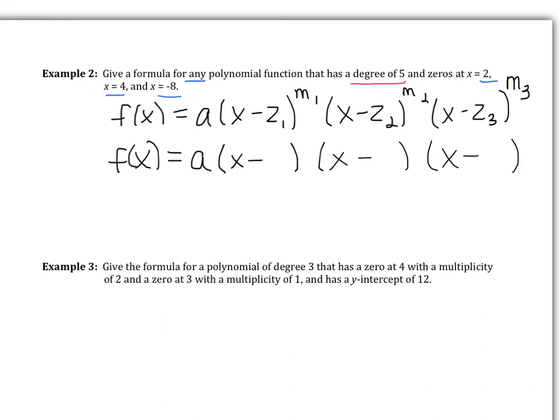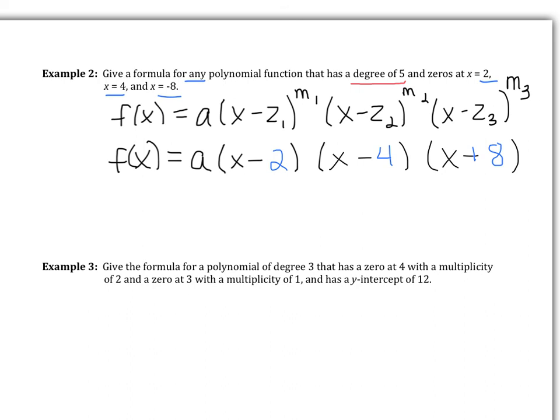My first 0 is 2, so in goes 2. My second 0 was 4, and my last 0 was negative 8, so minus a negative 8 will actually become a plus 8. And now all we need to do is give them each the appropriate multiplicity.